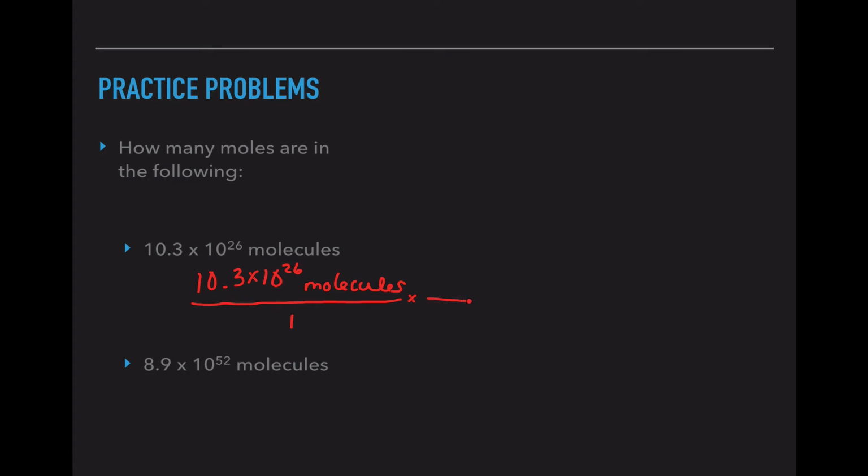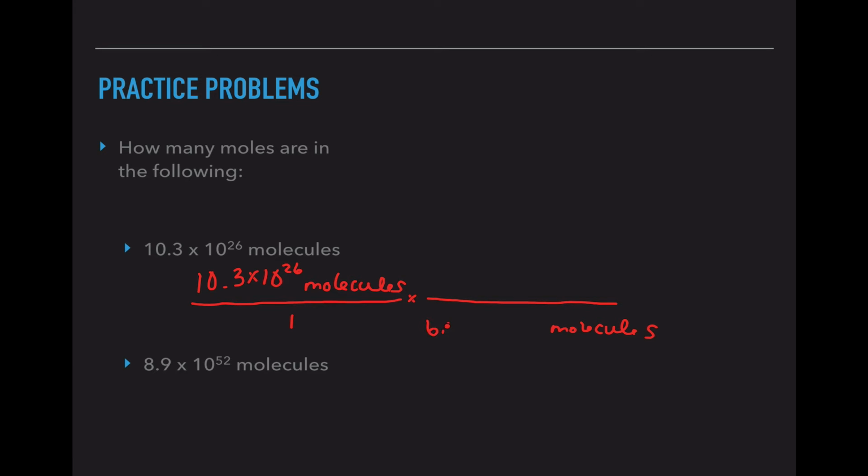In our second fraction bar, we have to set up in terms of what we want to disappear and what we want to stick around. So we are solving for how many moles are in the following. So I want moles to stick around and molecules to disappear. So since molecules is on the top of the fraction bar here, I want molecules on the bottom of the fraction bar over here.